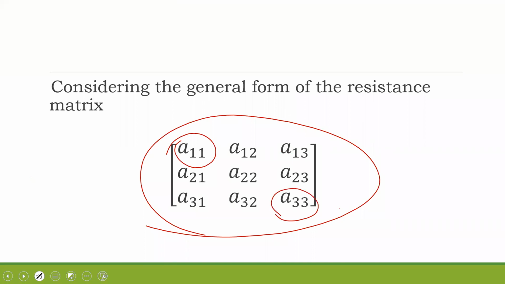The subscripts tell us the position of the element. So 1,1 is row 1, column 1. A33, the 3,3, would be row 3, column 3. Similarly, 3,1 would be row 3, column 1, and so forth. This is something you would have already completed in math, so I don't need to rehash this.